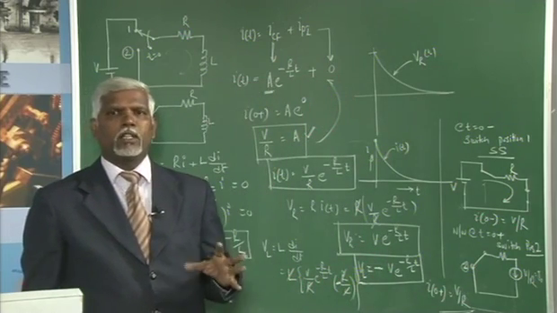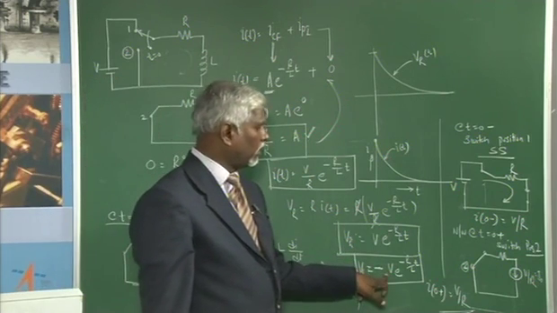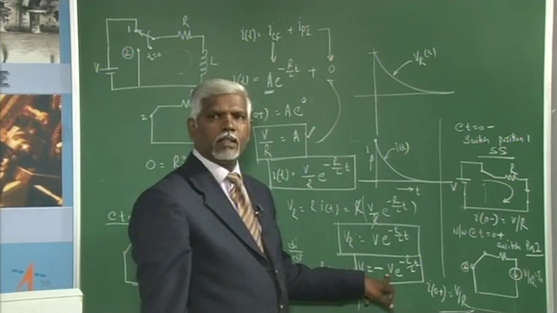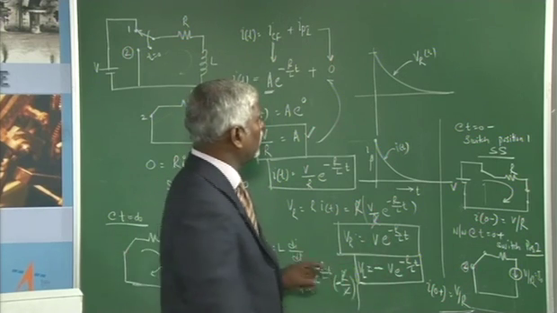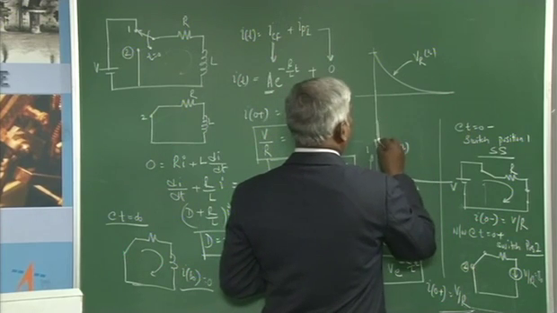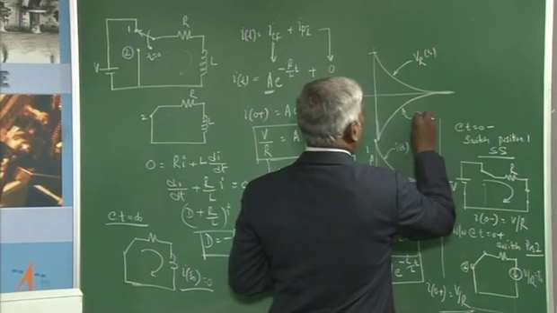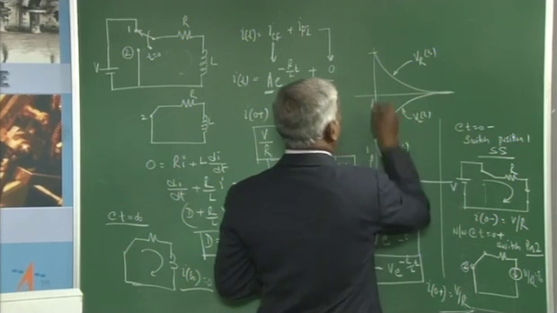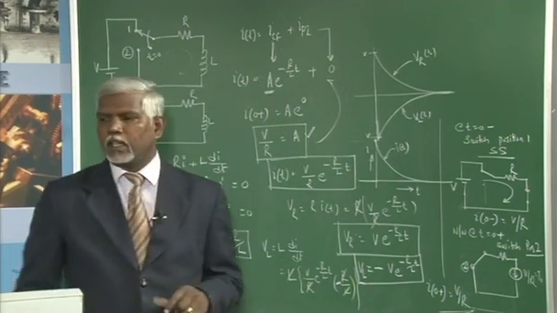What happens to the voltage across the inductor? Voltage across the inductor will be minus V e to the power of minus R by L into t. At t equal to 0, it starts at minus V. What does this indicate?